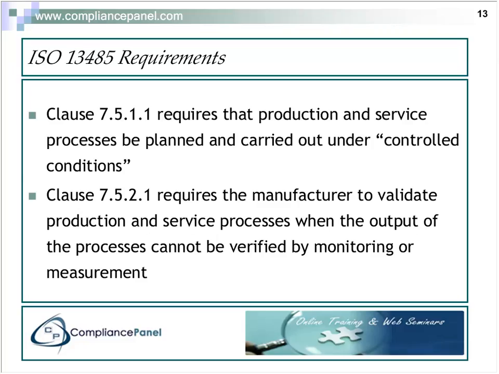In 7.5.2.1, it does require the manufacturer to validate production and service processes when the output of the processes cannot be verified by monitoring or measurement. So in other words, again, this is very similar to the FDA requirement. We do have to provide validation in certain circumstances, not all, but certain production processes.